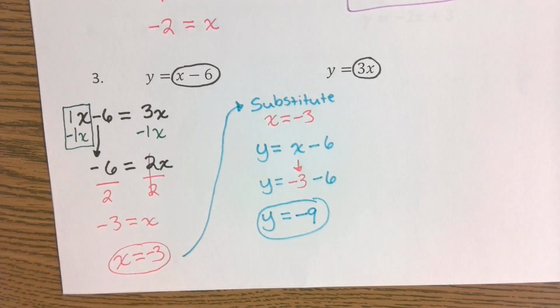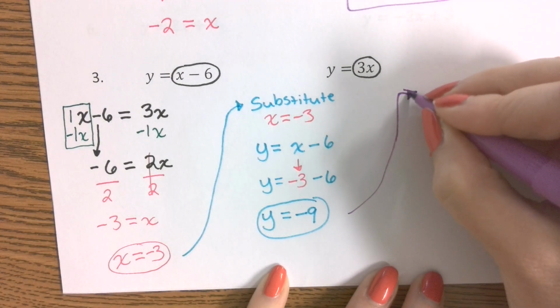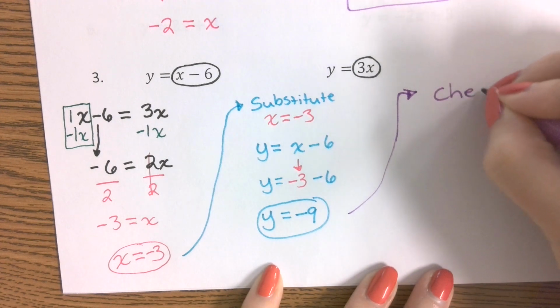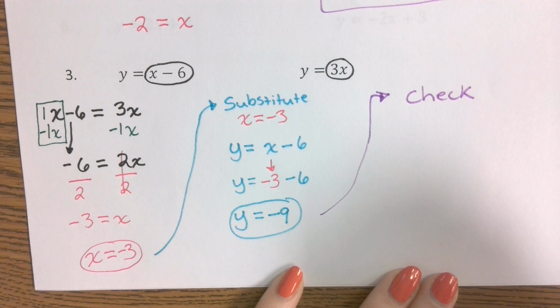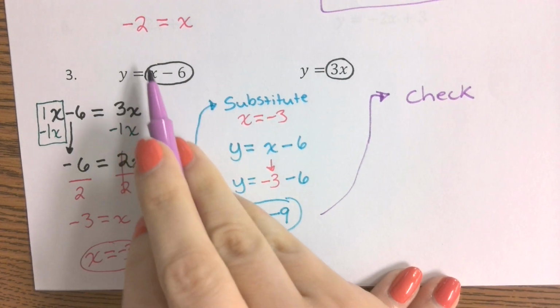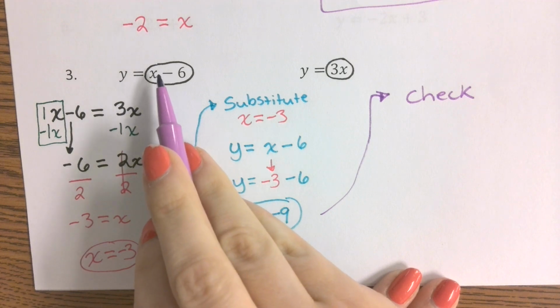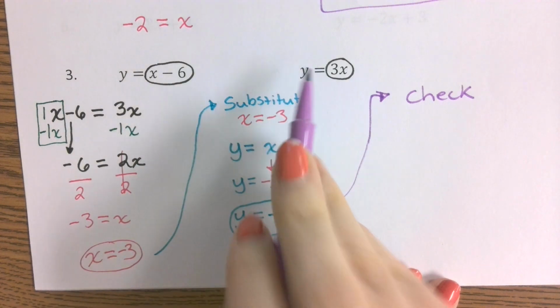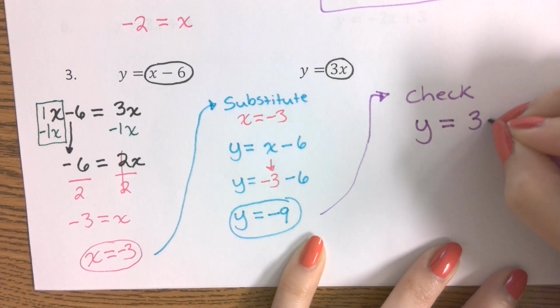Okay, what's the last thing that I should always do? Say it louder. Check. We should check. And which equation are we going to use to check it with? Am I going to plug it into this one? Why not? Because I already used it. So I need to use the second one. So we have y is equal to 3 times x.